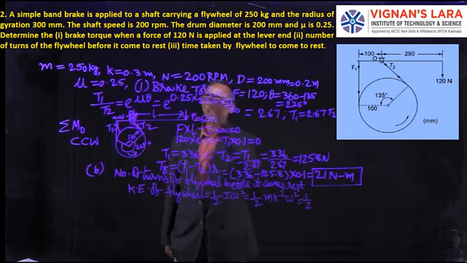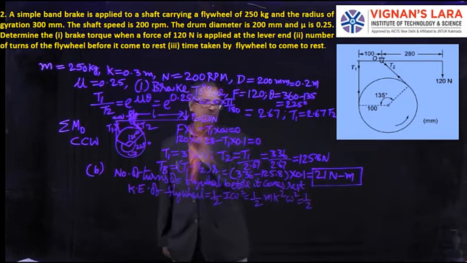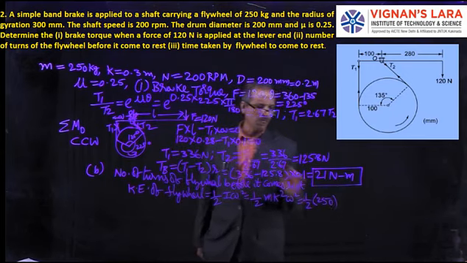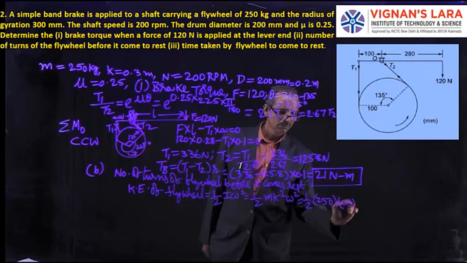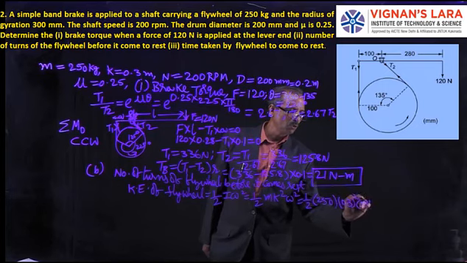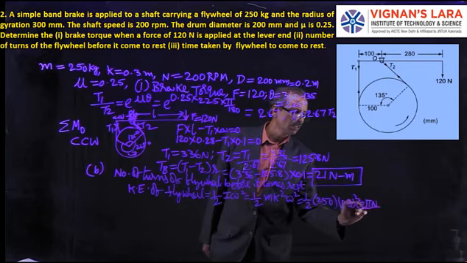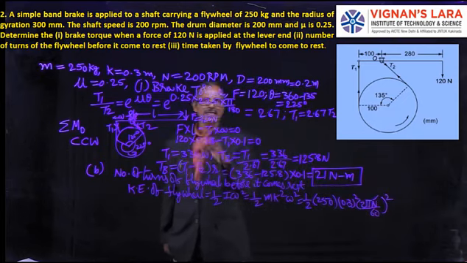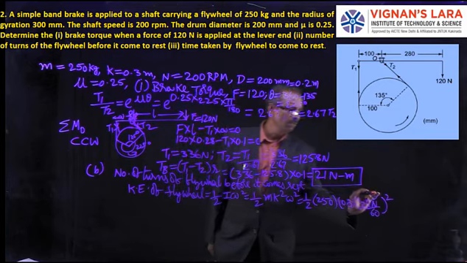Mass is given as 250, radius of gyration 0.3, omega is 2 pi N by 60, whole square, and the speed is given as 200 rpm.